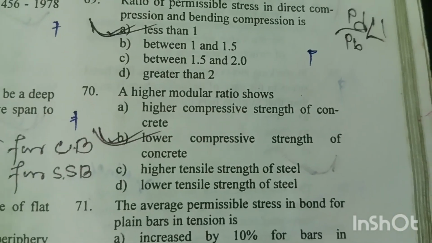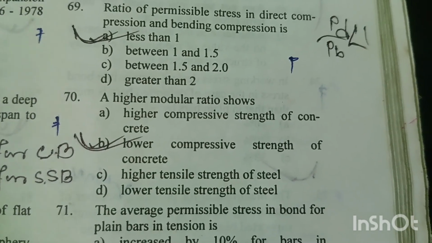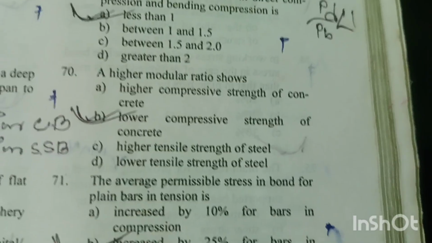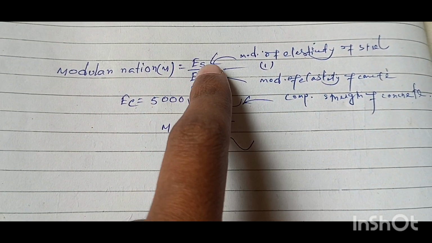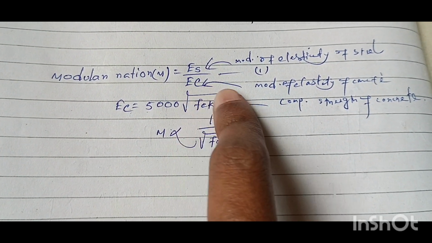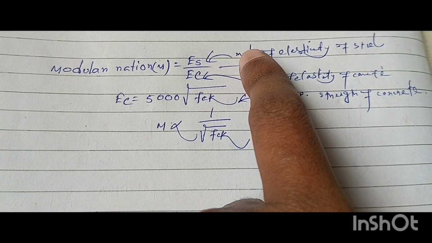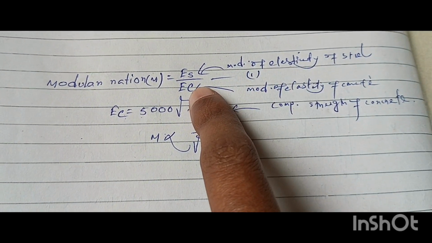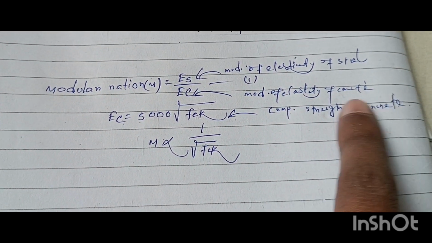Question number 70. A higher modular ratio shows lower compressive strength of concrete. Option B is the right answer. Modular ratio m equals Es divided by Ec, where Es is the modulus of elasticity of steel and Ec is the modulus of elasticity of concrete.